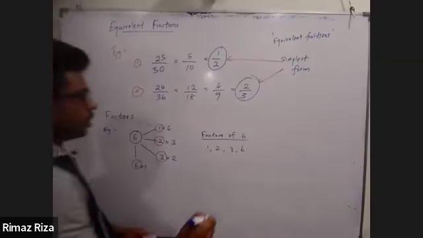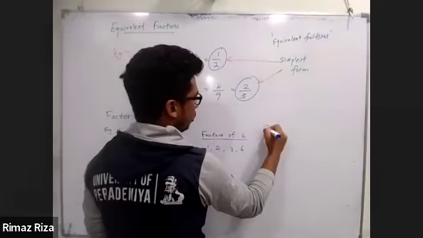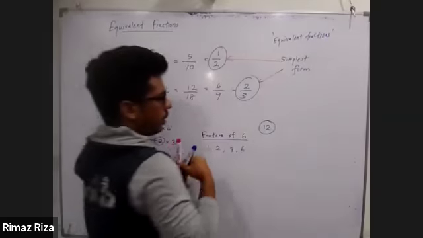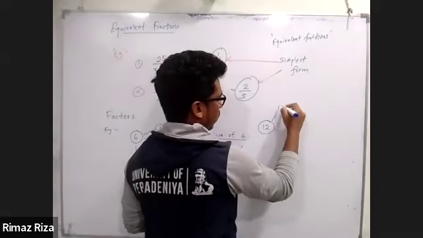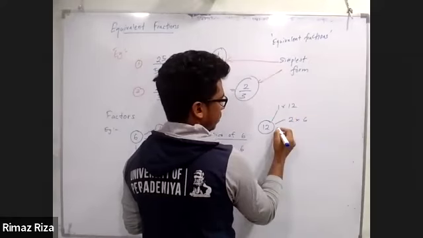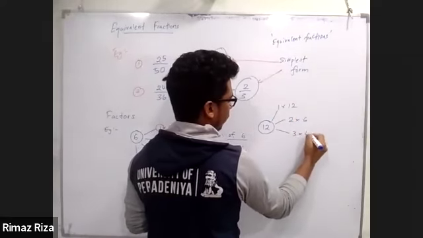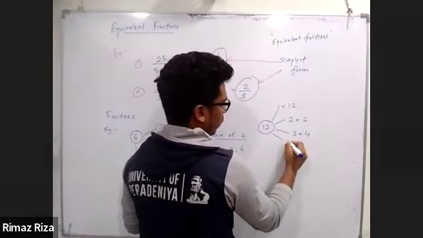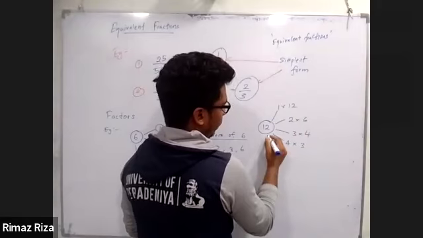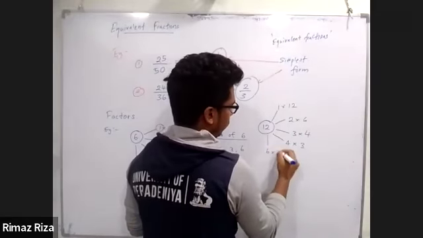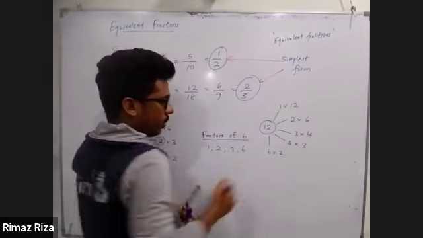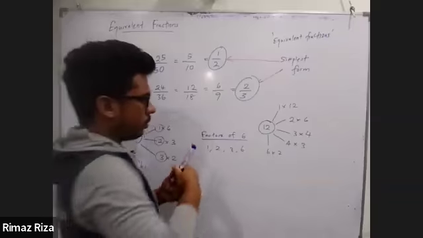And another example, I take number 12. So 12 I can write 1 into 12, 2 into 6, 3 into 4, 4 into 3, 6 into 2, and 12 into 1, which I'm not writing.